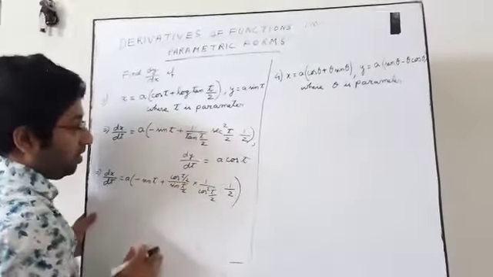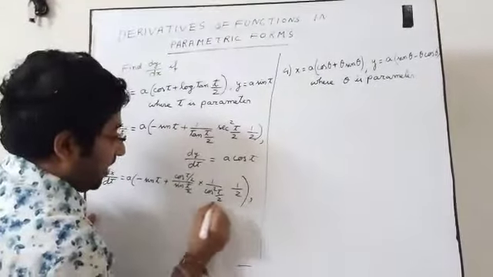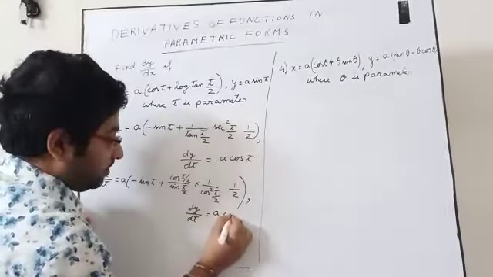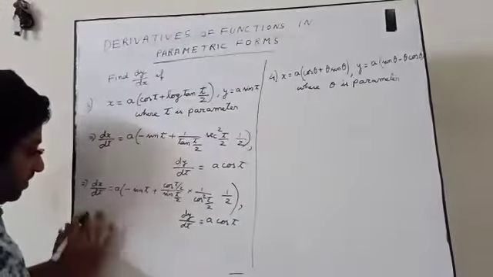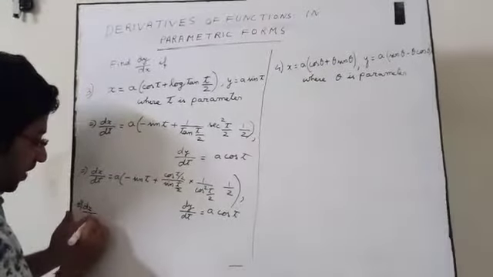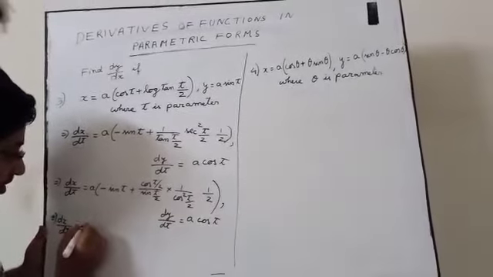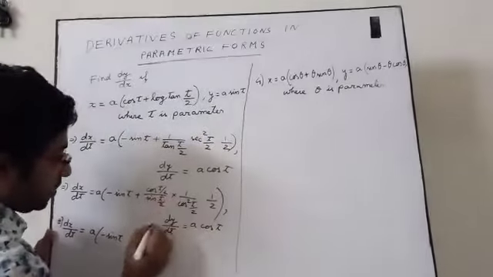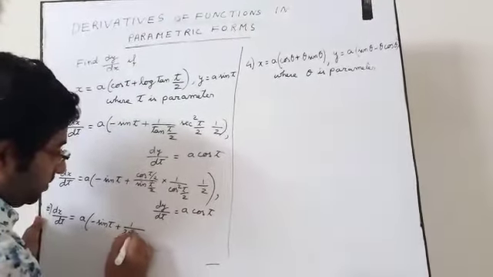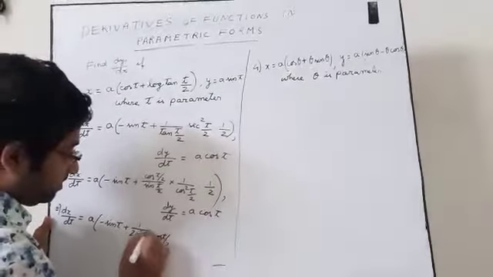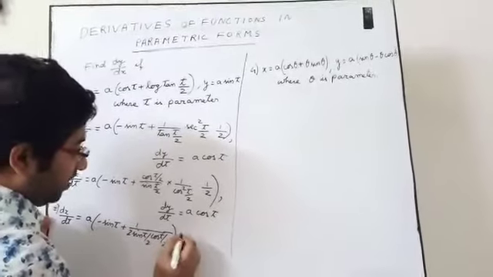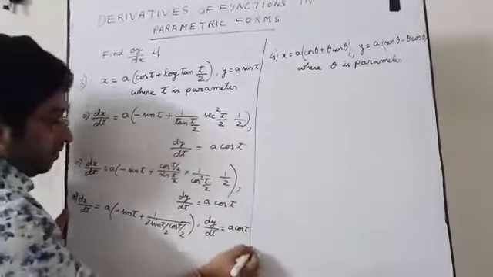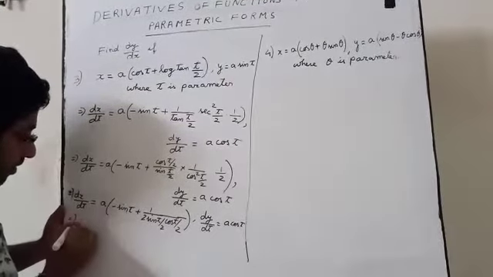And this dy by dt will be a cos t. Okay, so dx by dt will be a times minus sin t plus 1 over 2 sin t by 2 cos t by 2, and dy by dt will be a cos t.